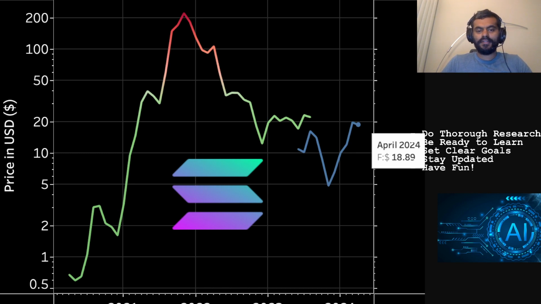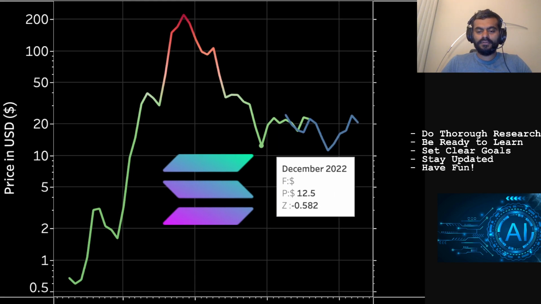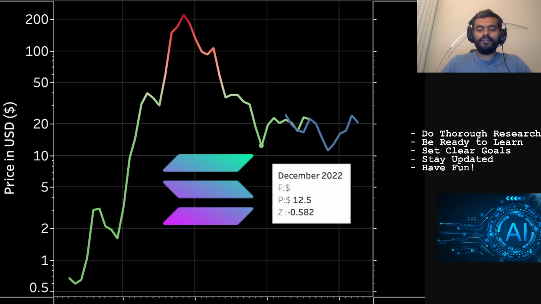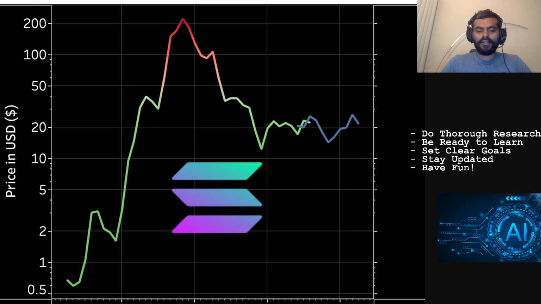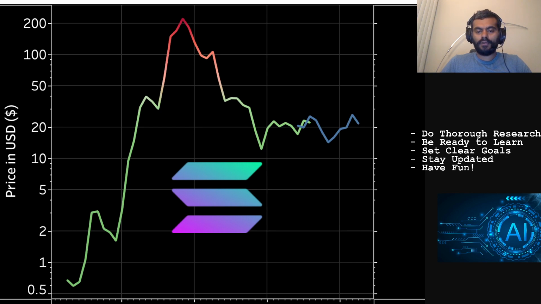So I'll just summarize it. The base case is to form a double bottom around the December 2022 lows, around the November December 2023 time frame. The bull case has a higher low than the December 2022 bottom, but slightly lower than the June 2023 bottom.